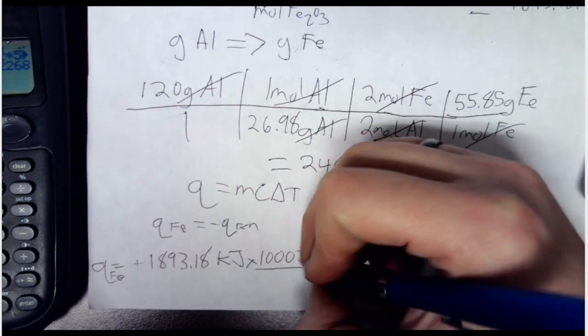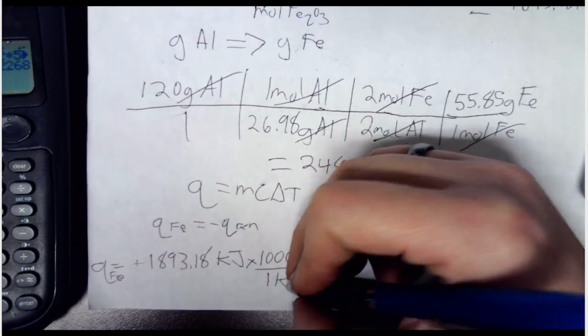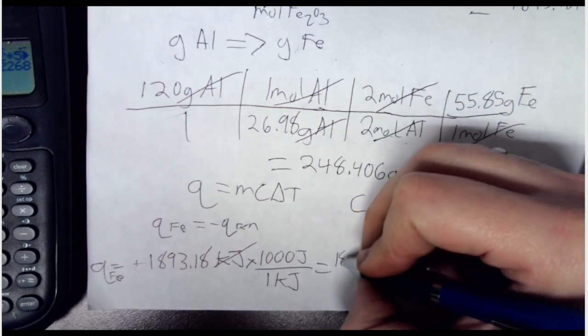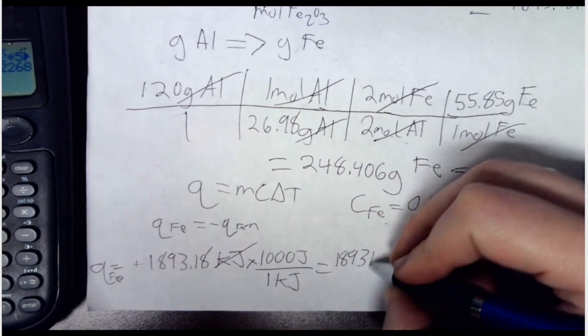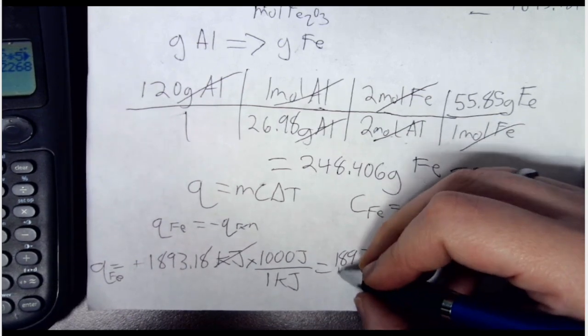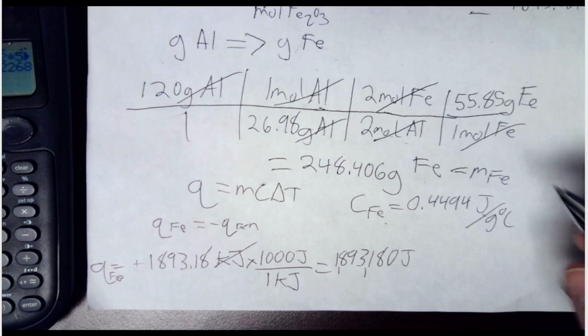There are 1,000 joules in 1 kilojoule. So we get something like 1,893,180 joules of heat absorbed.